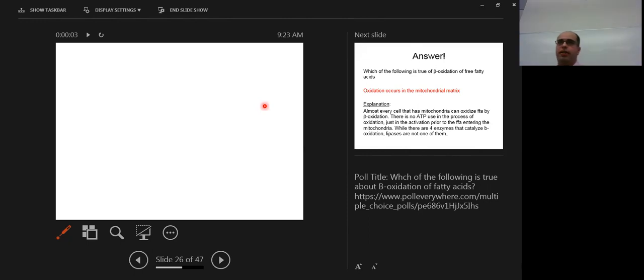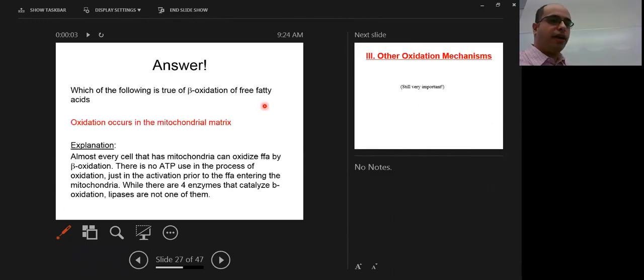Has everyone had a chance to answer? Okay, so the majority chose that oxidation occurs in the mitochondrial matrix. A couple of the other answers chosen were the first two, catalyzed by lipases, or oxidation requires ATP. So the correct answer is oxidation occurs in the mitochondrial matrix. The actual process of beta oxidation is in the matrix.